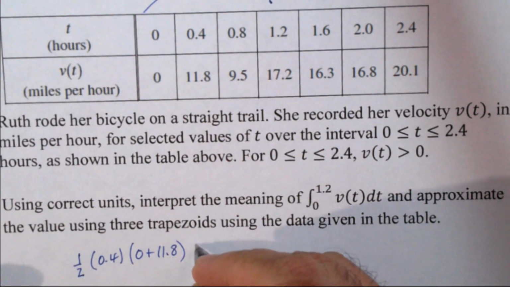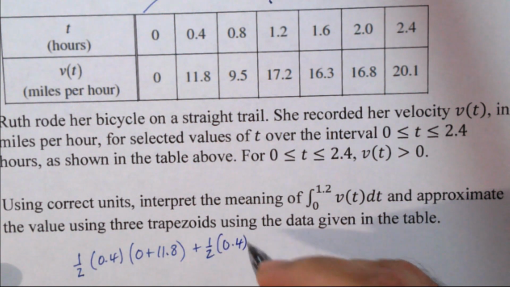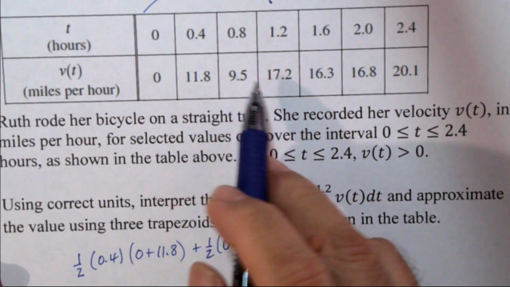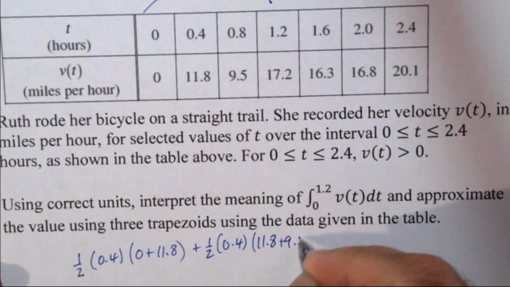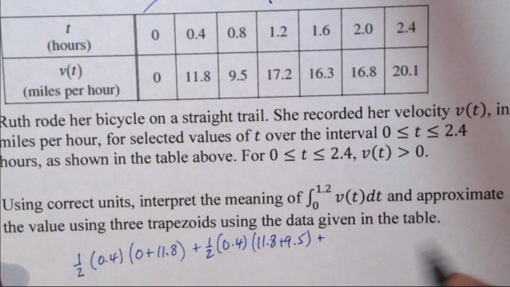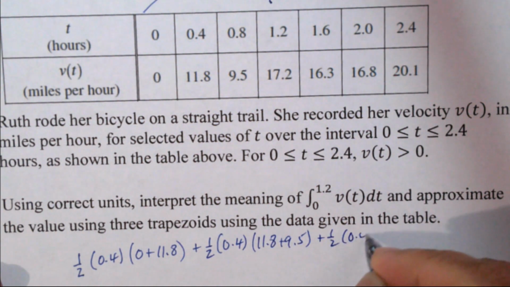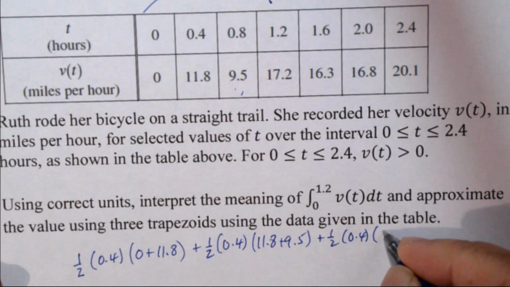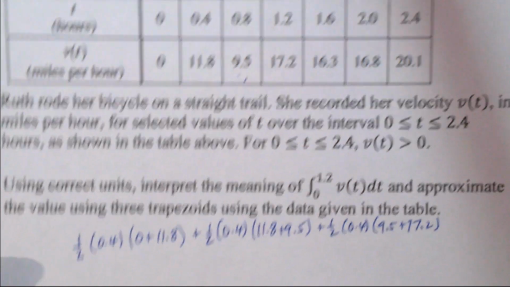And I'm doing the next one. Well, it looks like they're all 0.4 units apart. All right. And the next pair is 11.8 and 9.5. And that's 9.5 and 17.2. All right.